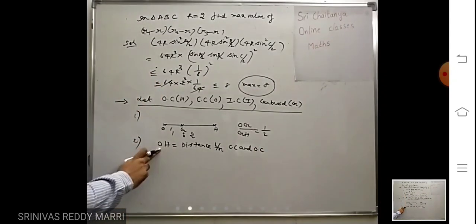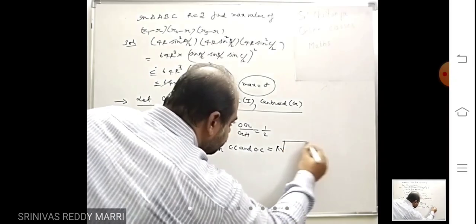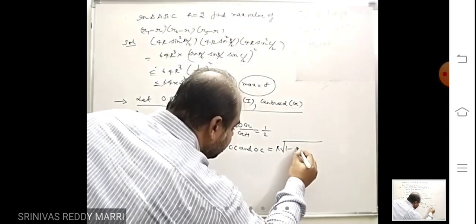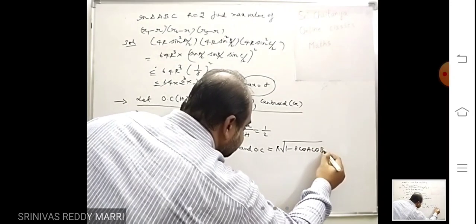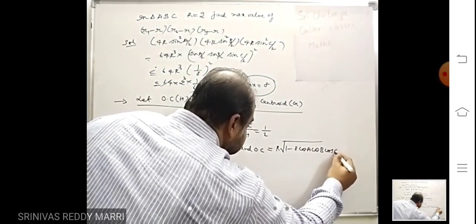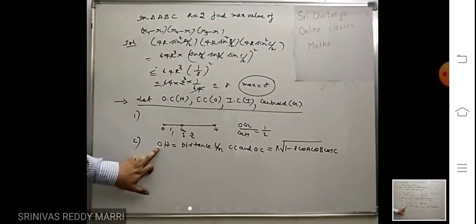In any triangle ABC, the distance between orthocenter and circumcenter is R times root of 1 minus 8 cos A cos B cos C. O means circumcenter, H means orthocenter.